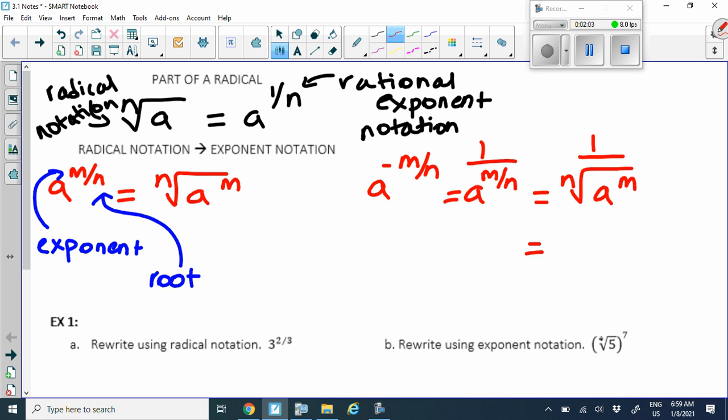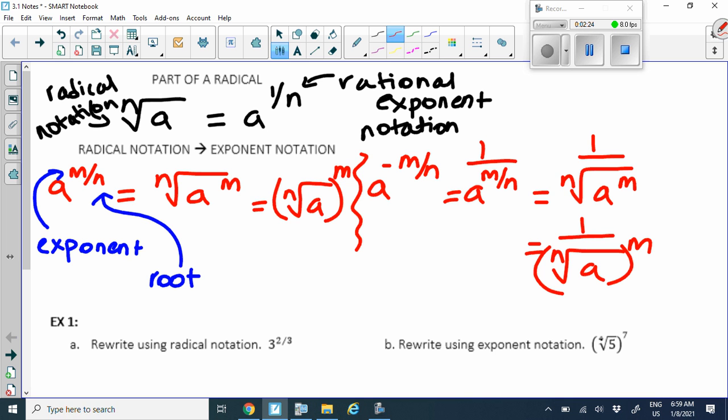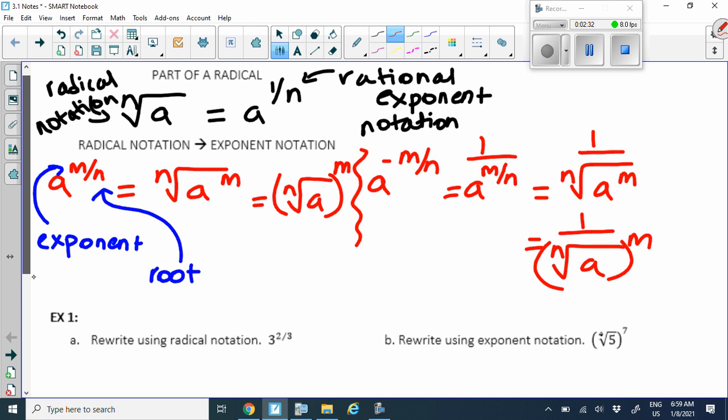So another way of writing this is 1 over the nth root of a, and that whole thing is taken to the m power. So we're going from radical to exponent and then rational exponent to radical. So we can do both.